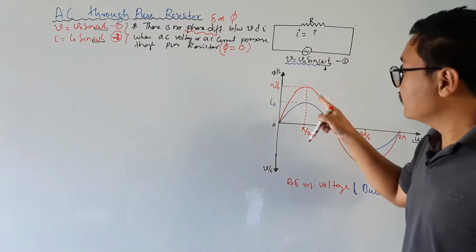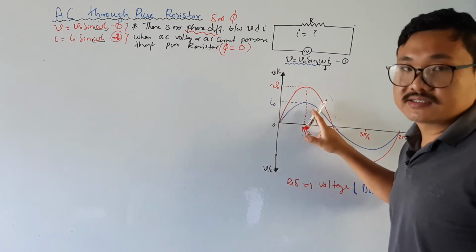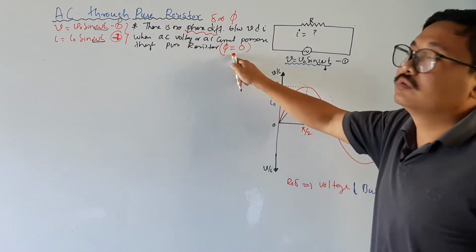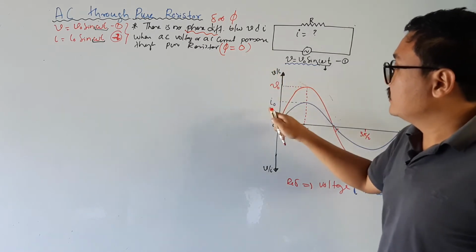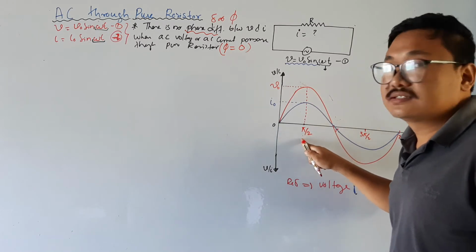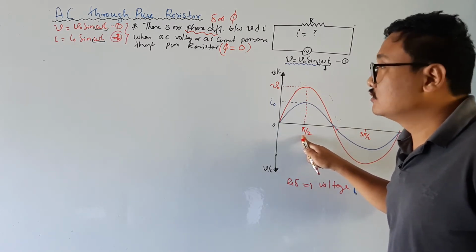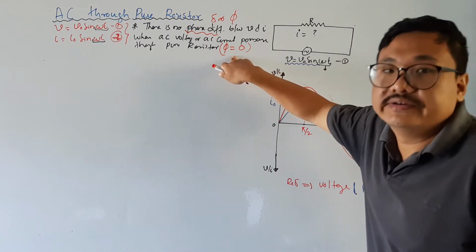Why are current and voltage both maximum at pi by 2? Because they have no phase difference. This is the reason the maximum current and maximum voltage lie at the same point, that is pi by 2. It is just because they don't have any phase difference.